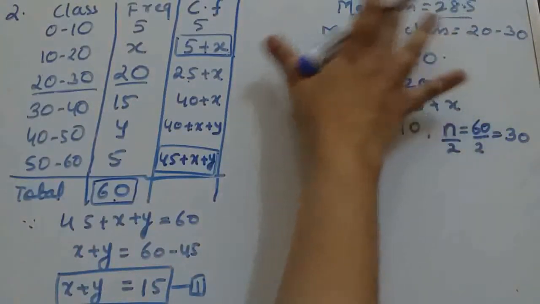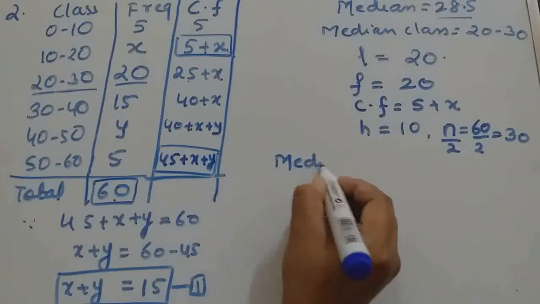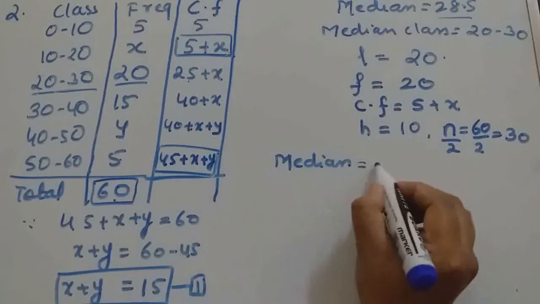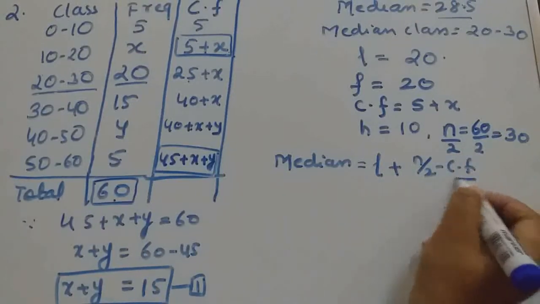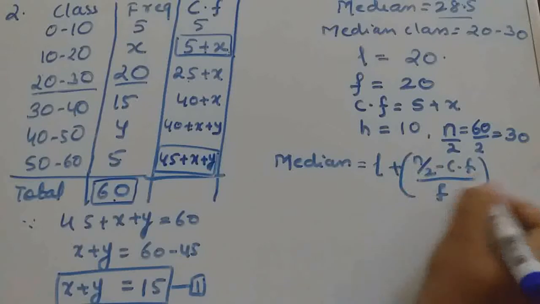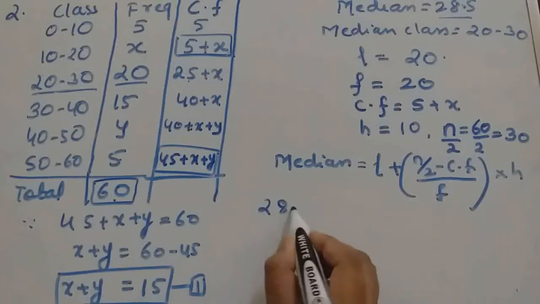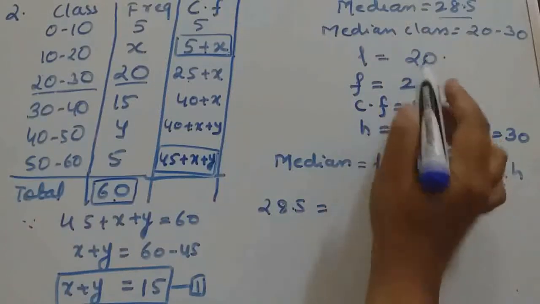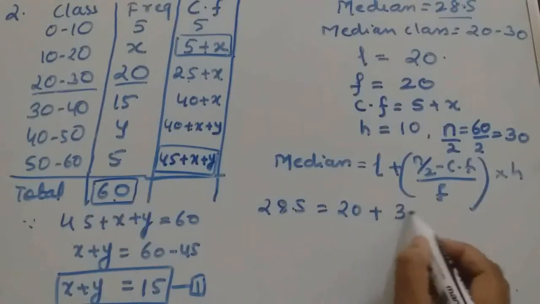And from the above variable values we will write the median. We will find the median. The median is already given to you. So L plus N by 2 minus CF divided by F into H. The median is given to you, so we'll substitute the median value here. L is 20, so we'll write 20. N by 2 is 30.